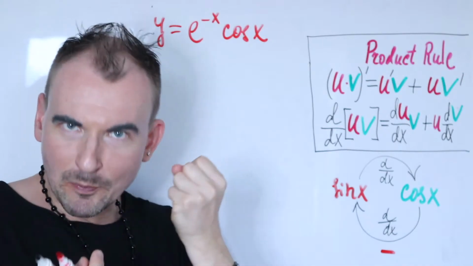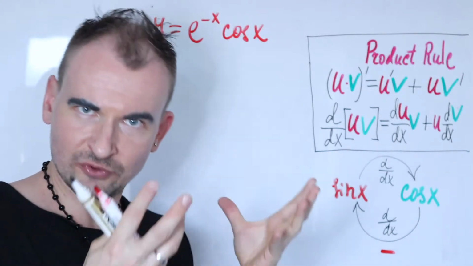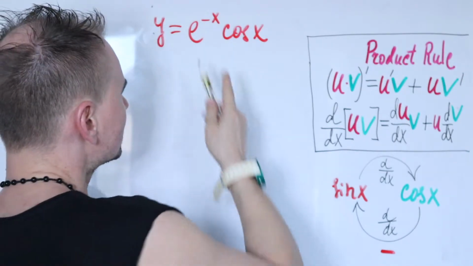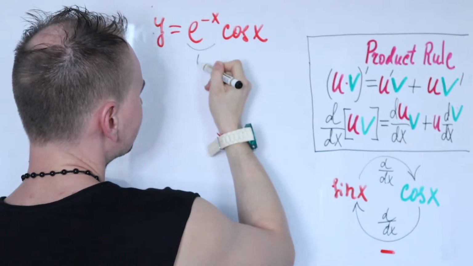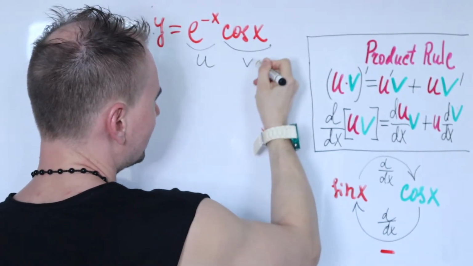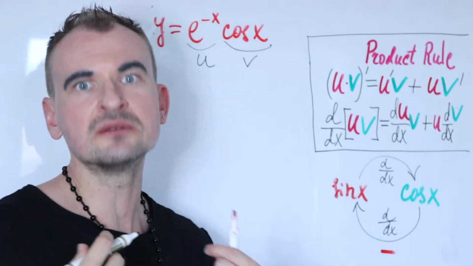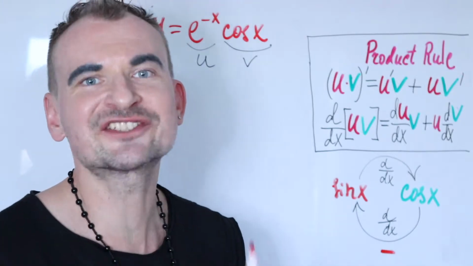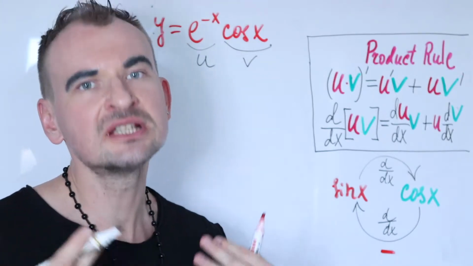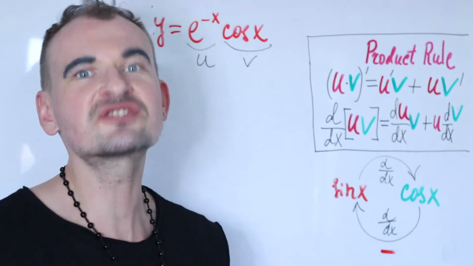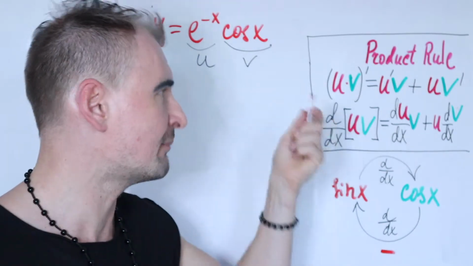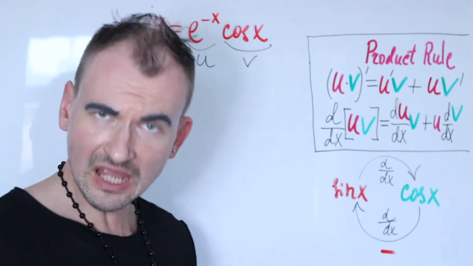So basically, it pops out at you. You have the first term, you can call it u, and you have the second term, you can call it v. They're begging you: they have two terms, and you have to use a product rule. Go ahead.